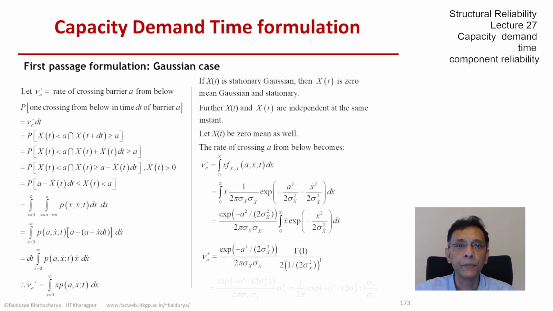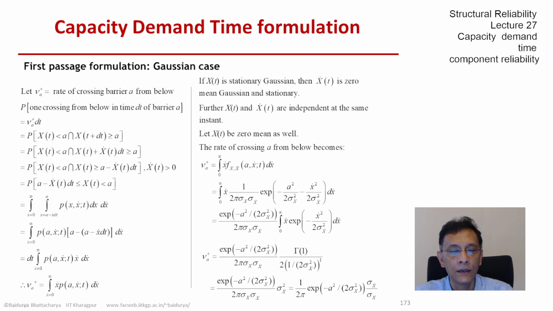So this basically simplifies to the density function of one Gaussian random variable evaluated at A, and then multiplied by the ratio of the standard deviation of the derivative process and the parent process.